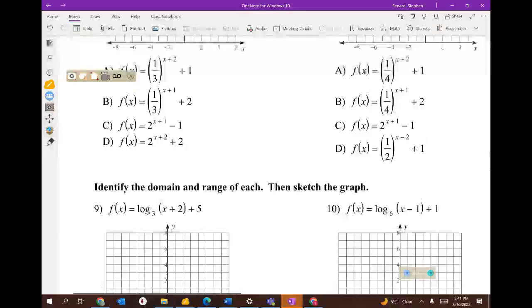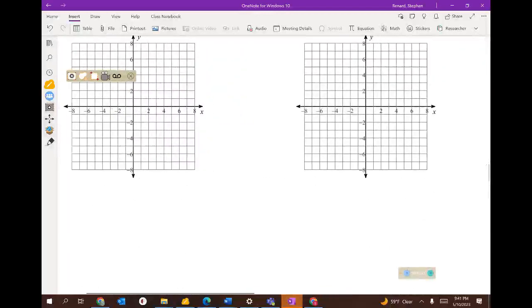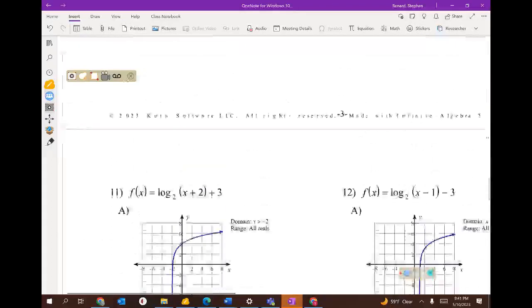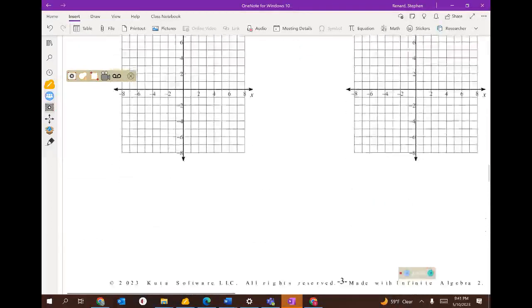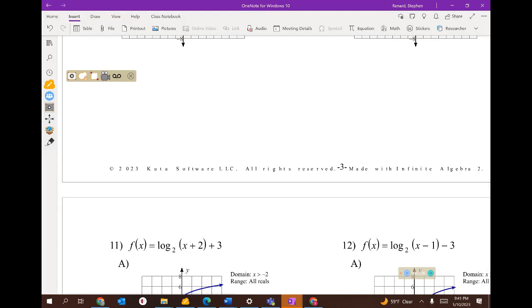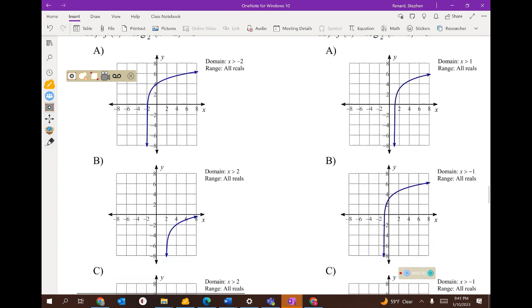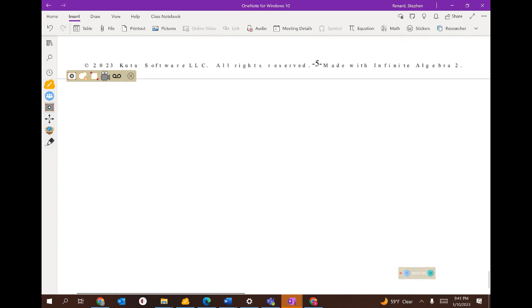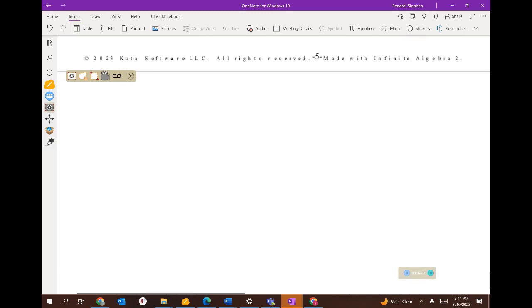And then we have two logarithms that we're graphing. The reason I only did two is because that's what we've done most recently, so that's what you guys should be most familiar with. And then matching an equation to the graph. And I think we have four of those. And that's it. So let's go through it here.